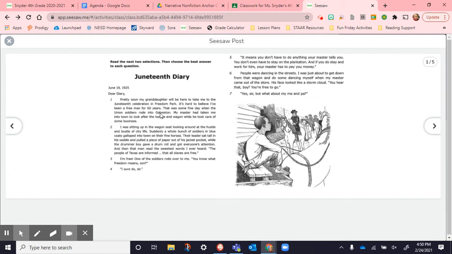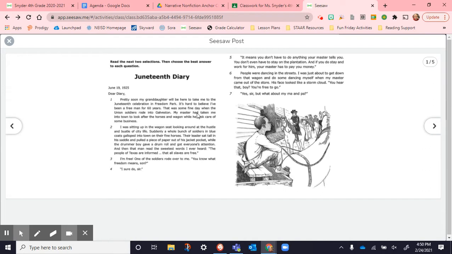So like this first part here, everybody was just ready to keep going and read the second paragraph. And almost everybody in the class didn't realize, okay, when he's talking about going to a celebration in Freedom Park, that's talking about right now.